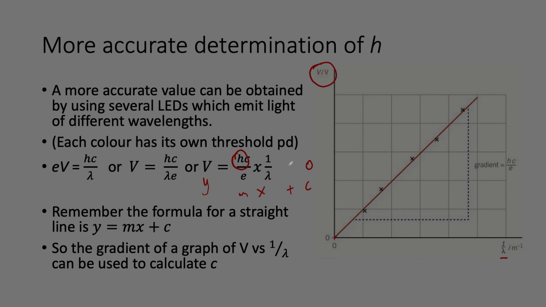In this first lesson on quantum physics, we've introduced the idea that light can behave as a stream of particles, and that those particles are called photons, that photons carry a certain amount of energy, and the energy in a photon is proportional to the frequency of that photon, and we can relate the energy using Planck's constant, E equals hf, and by using the wave equation we can relate the wavelength to the energy as well.